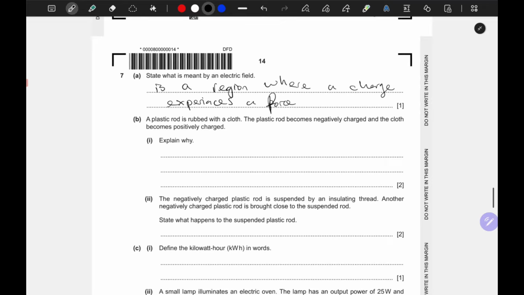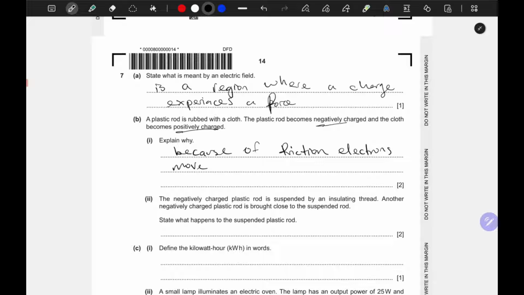A plastic rod is rubbed with a cloth. The plastic rod becomes negatively charged, and the cloth becomes positively charged. Why is that? Because of friction, electrons move. Now, it's the electrons that move, not the protons.